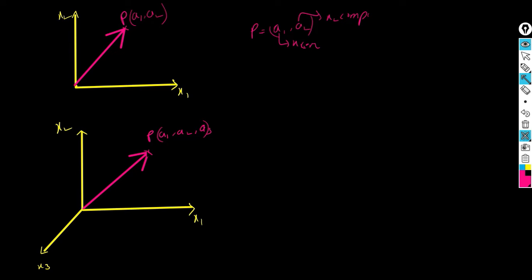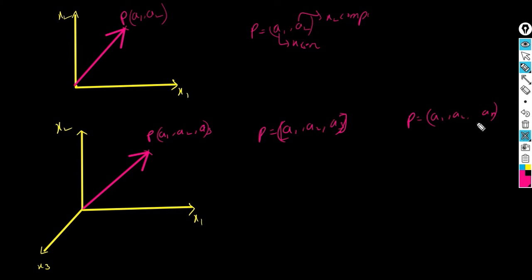Now the point has a direction, and this is now also a vector, and P equals a1 comma a2 comma a3. Here a1, a2, a3 are the x1 component, x2 component and x3 component. Similarly, we can also extend to n dimensions: a1 comma a2 comma up to an.